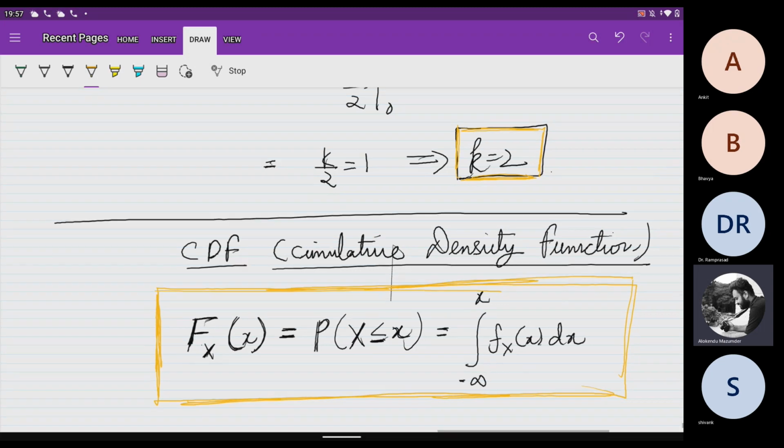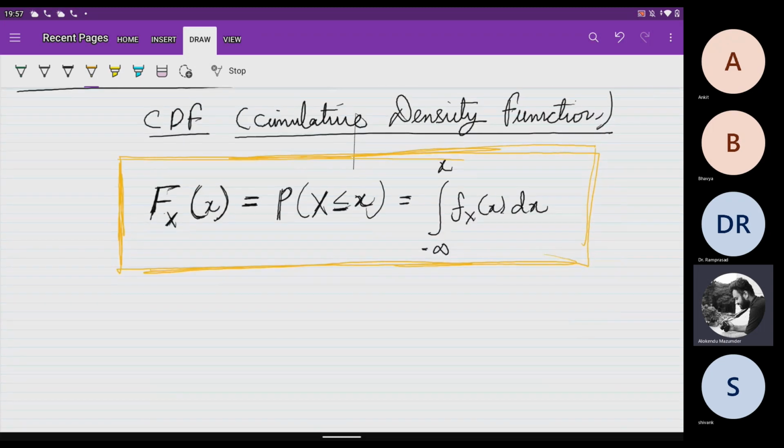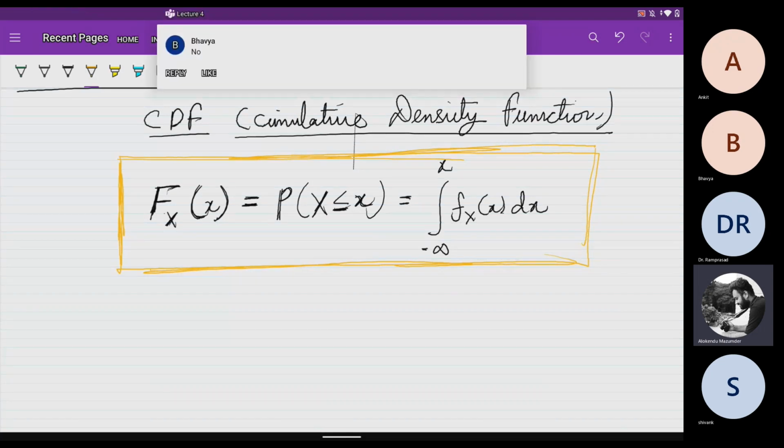Any doubt in understanding this formula? It's a pretty simple formula, right?